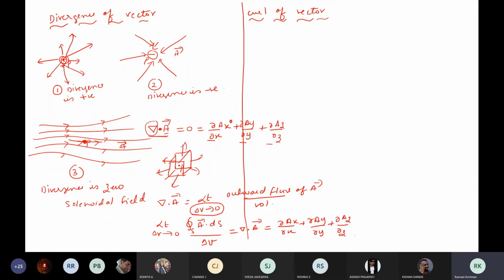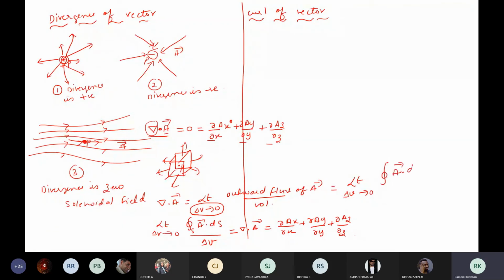It is a scalar. It gives me a measure of how much the flux lines are converging or diverging at a given point. It is defined as total outward flux per unit volume, as the volume shrinks to 0.